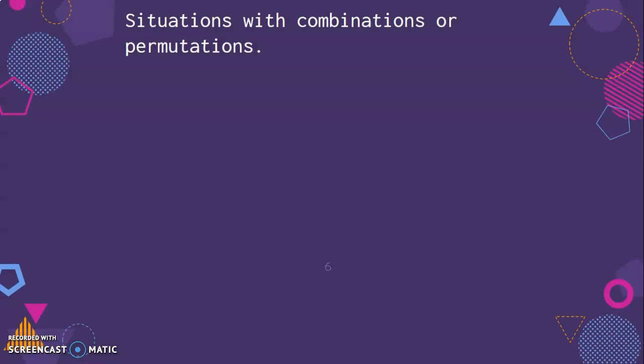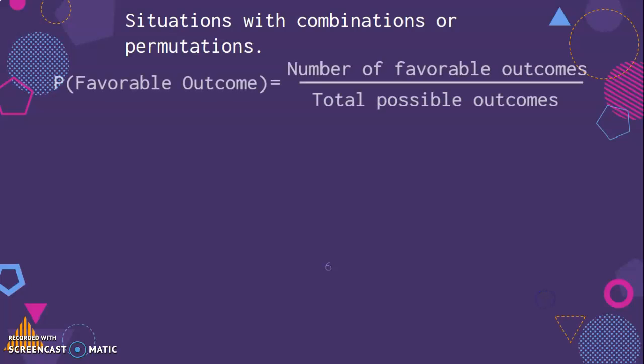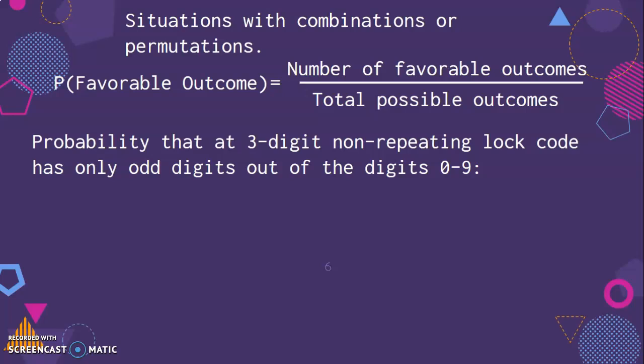Okay, that was a pretty basic, simple example. Now we're going to talk about situations where combinations or permutations are in play. So here is my probability equation. I want to look at the number of favorable outcomes and divide them by the total possible outcomes. The first question here is: what is the probability that a 3-digit non-repeating lot code has only odd digits out of the digits 0 through 9?